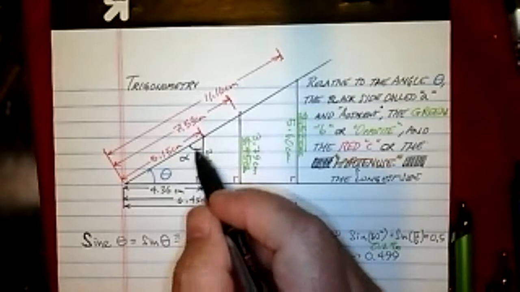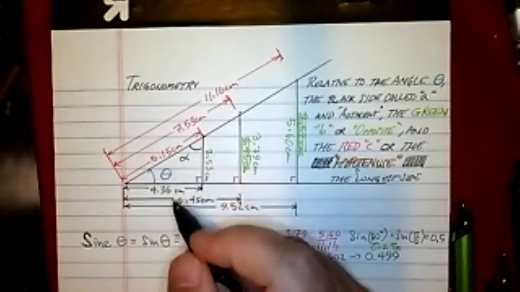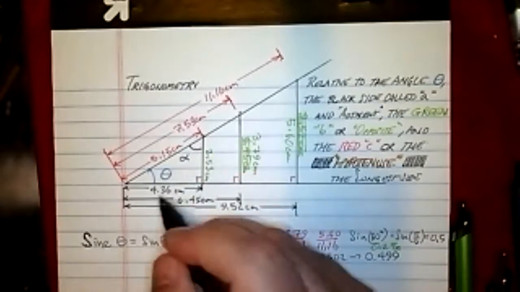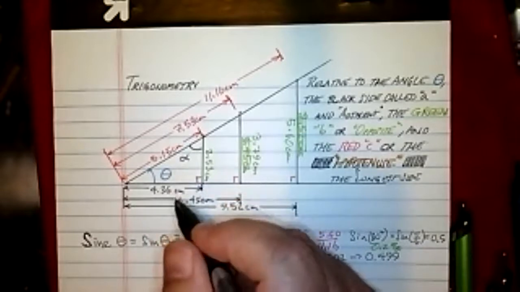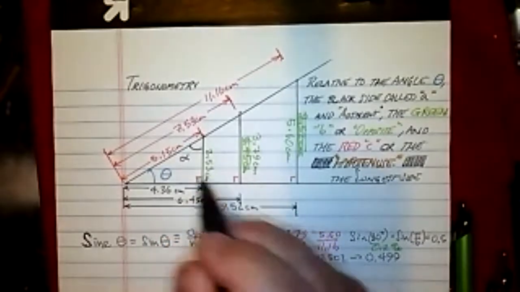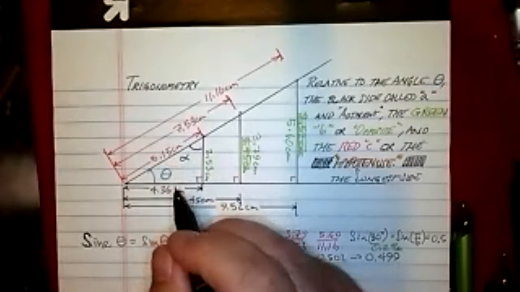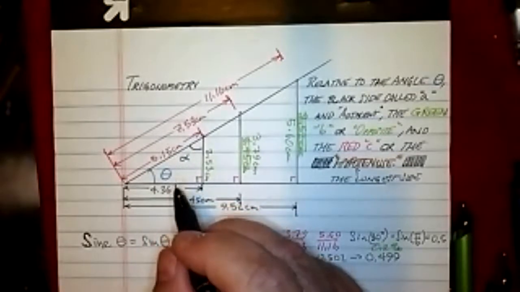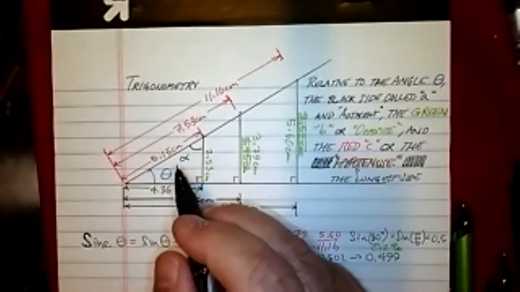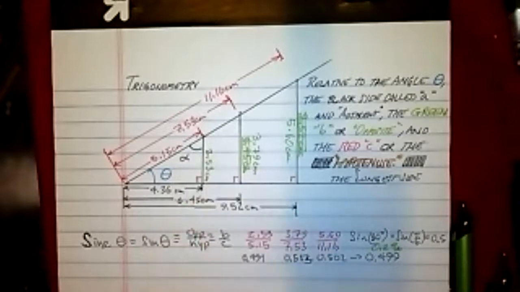I took 90 right here, so the other two have to add to give you 90. So they chose the name of this next function very intentionally, and it's actually the adjacent over the hypotenuse. The cosine of an angle gives you the same thing as the sine of the complement to that angle.